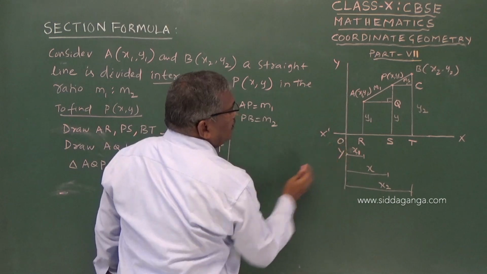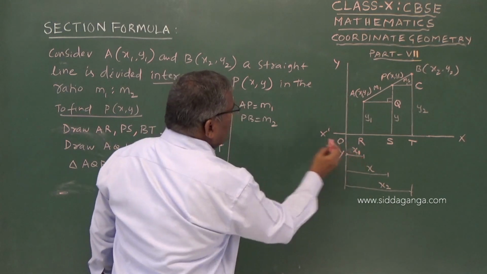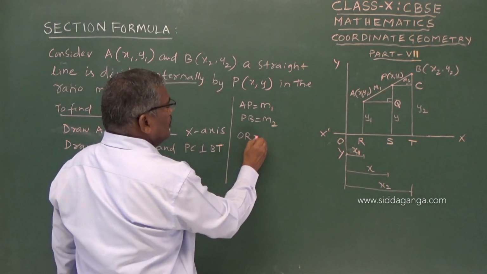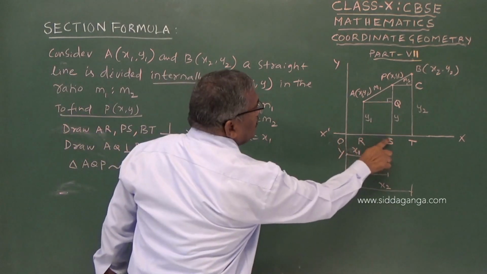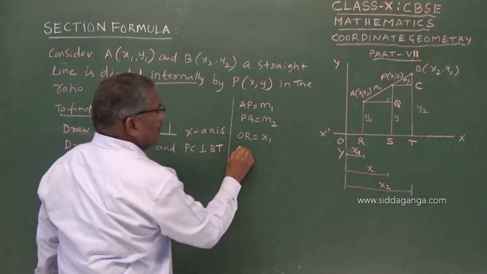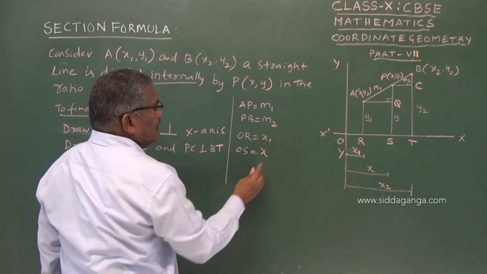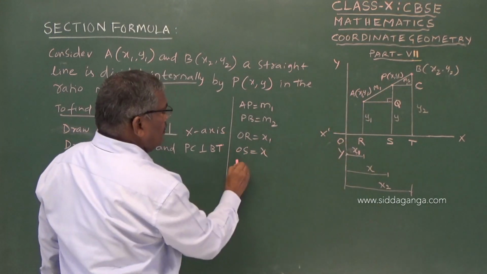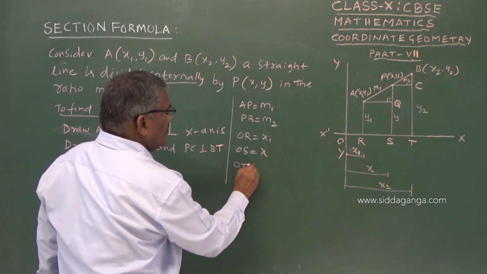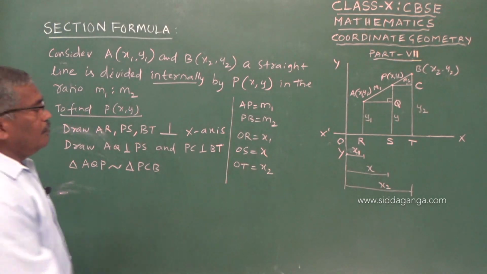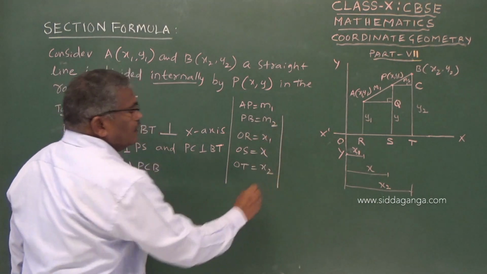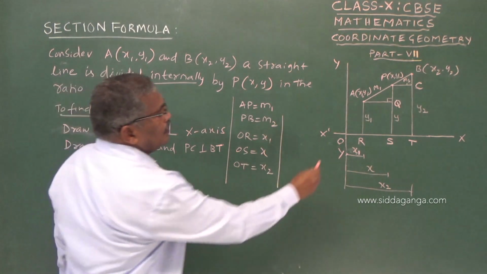We will call this point O. OR equals X1, OX equals X, OS equals X, OT equals X2, and side by side the y distances.